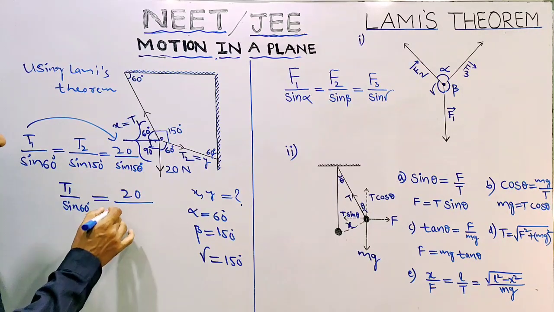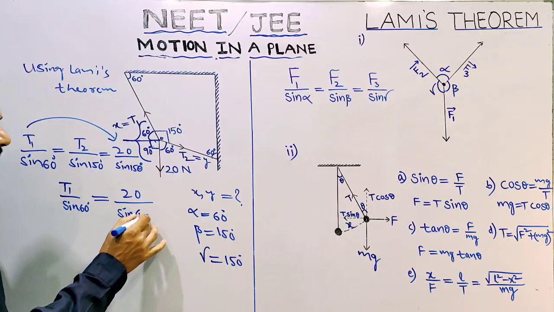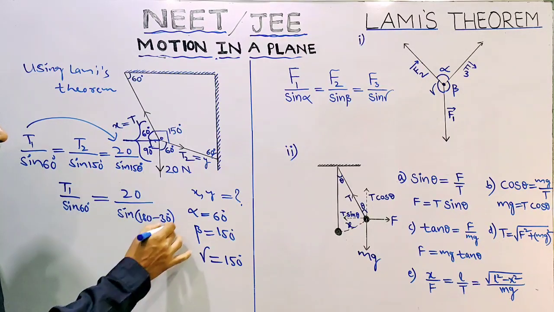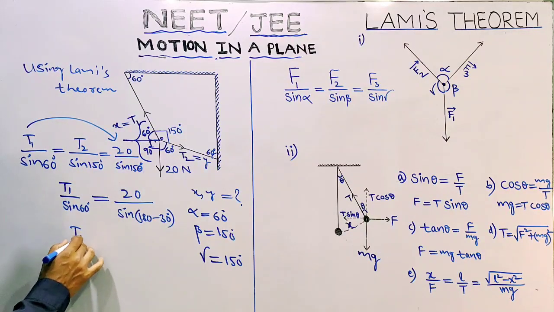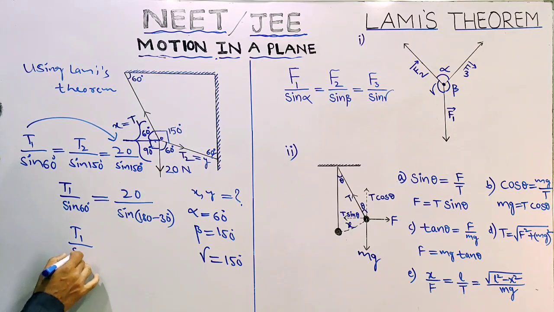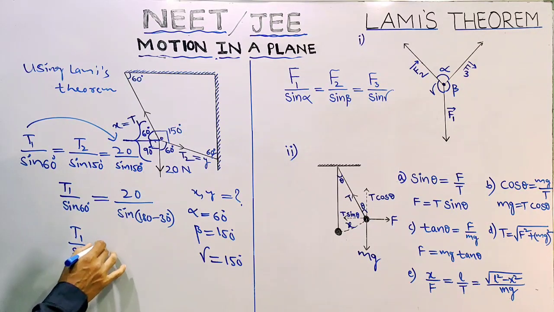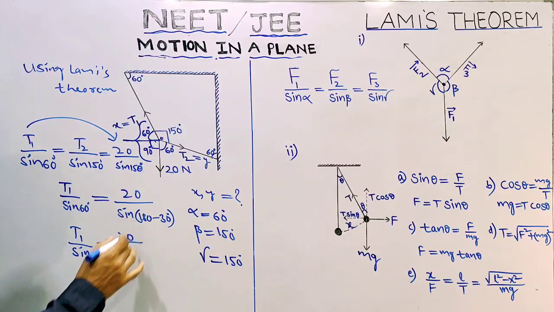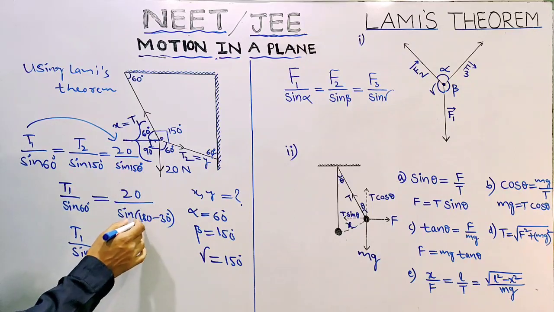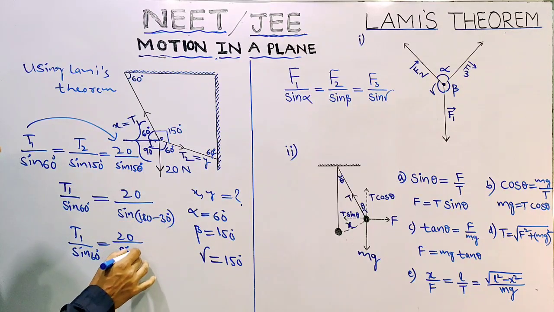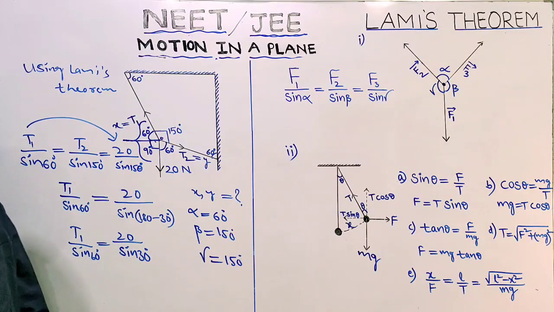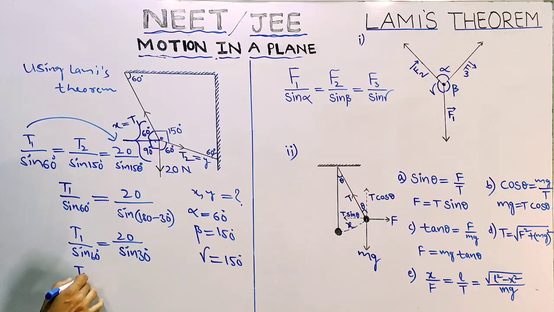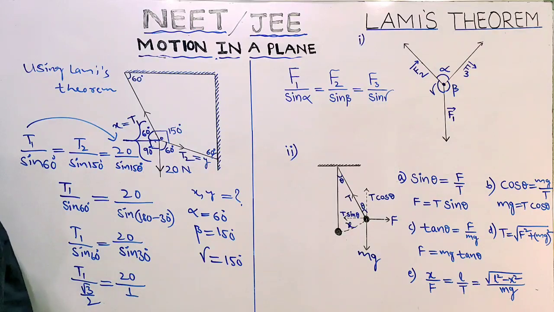Sine 150 we can write as sine of 180 minus 30 degrees, that is sine 30. So T1 by sine 60 equals 20 by sine 30. T1 equals sine 60, which is root 3 by 2, times 20 over sine 30, which is 1 by 2.